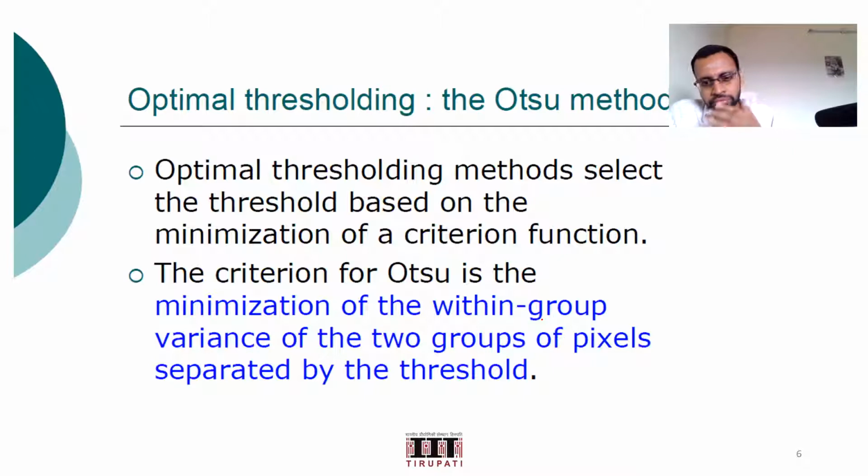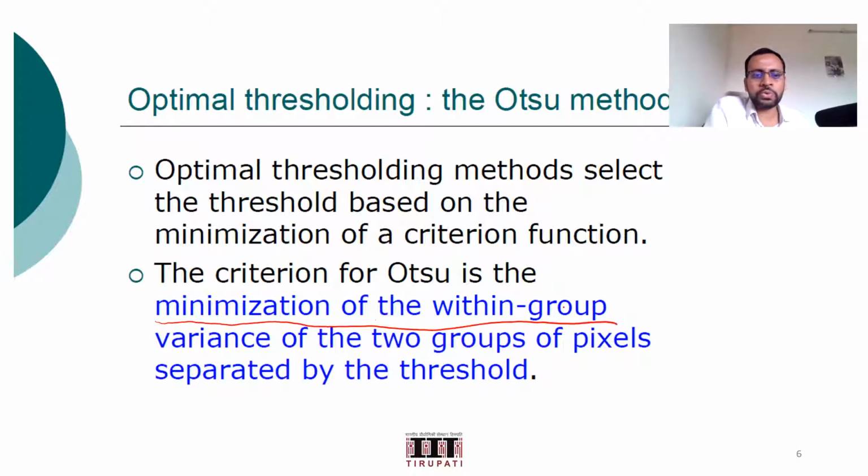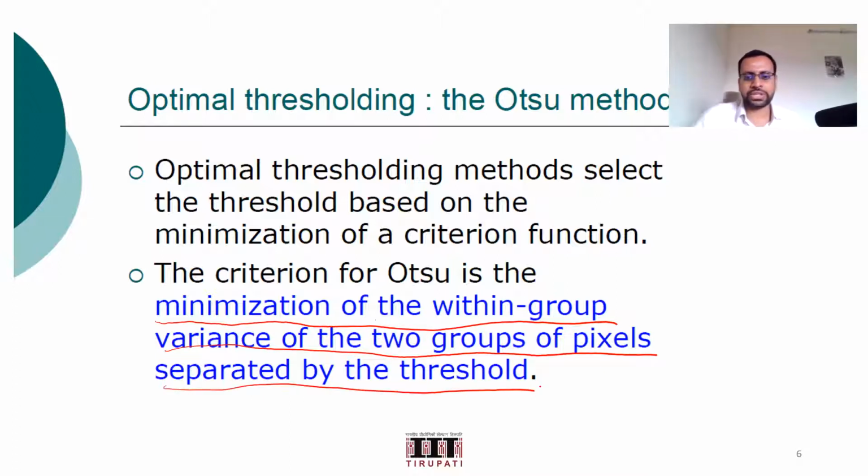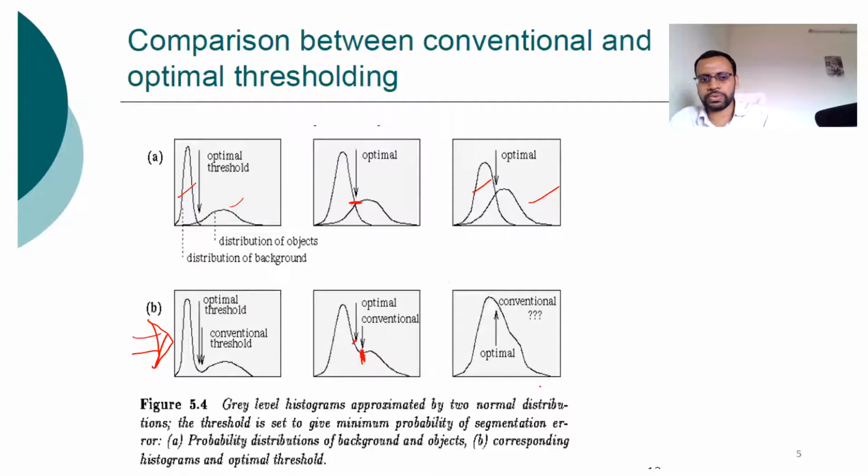Quite a few times it is used. What it does is minimization of within group variance of the two groups of pixels separated by the threshold. So what does it mean?